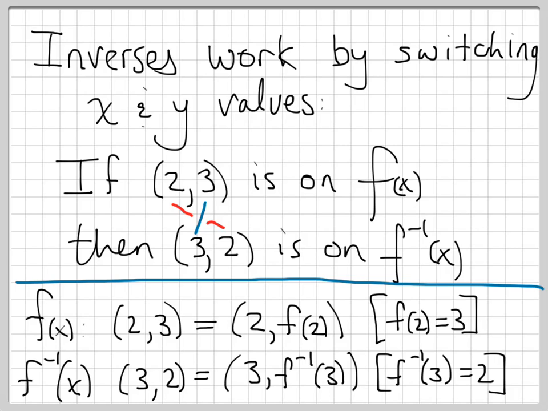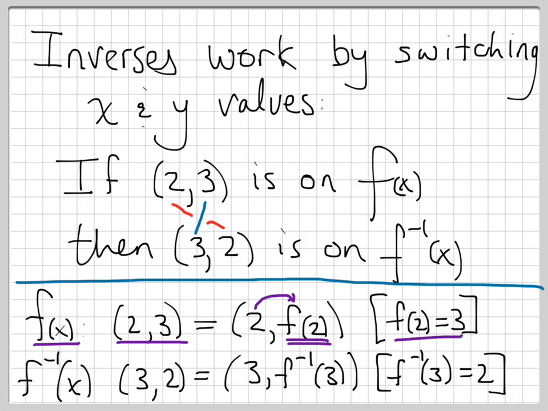Remember that inverses work by switching the x and the y values. So for example, if you have (2, 3) on f of x, then you have (3, 2) on f inverse of x. This is important. If I tell you that (2, 3) is on f of x, what that means is that f of 2 is 3, because when you plug in 2, you should get f of 2.